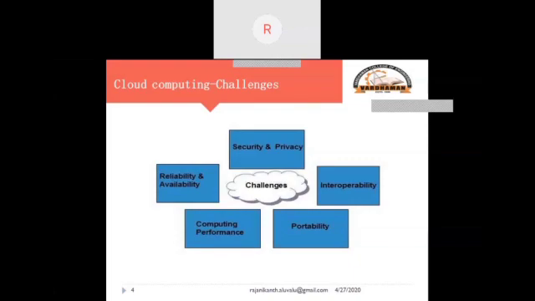So when we migrate onto the cloud, we always expect our data and the processes to be available all the time with us. And for that, we need to have reliability. So whichever cloud service provider we have chosen, we should rely on the service provider that the services, the processes, and the data are available all the time.